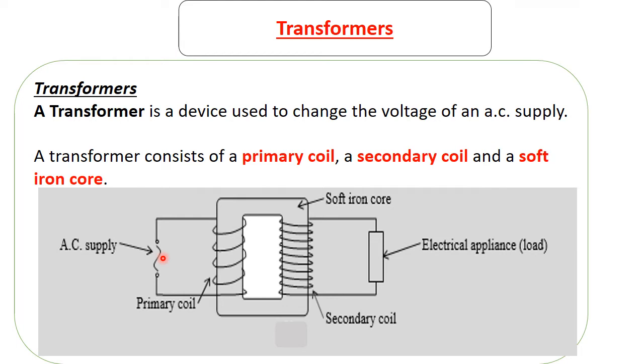Remember when we were studying AC generators, I introduced the concept of a magnet and a wire. I said there are two ways in which the current can be induced. First is where the magnet is stationary, which implies that the magnetic field is also stationary, and the wire is moving.